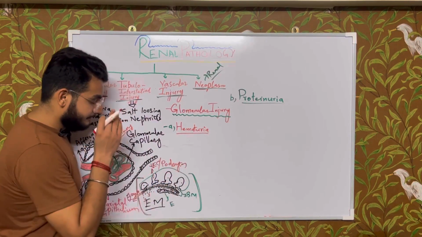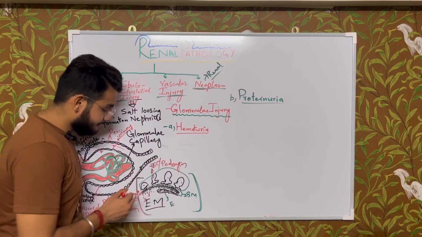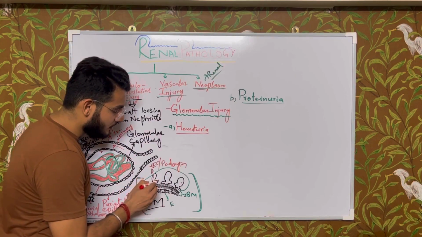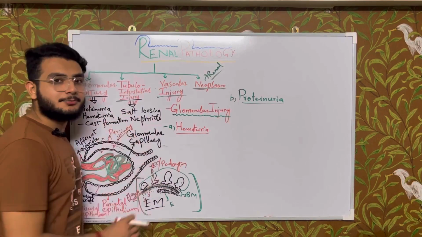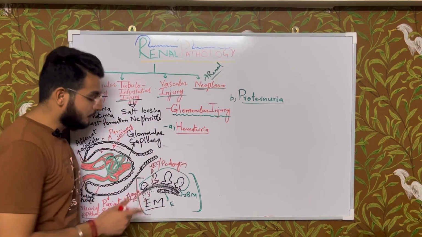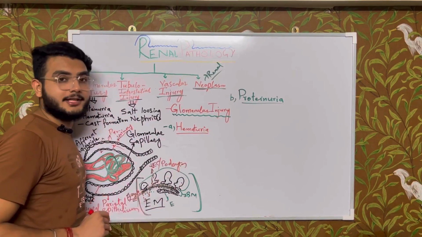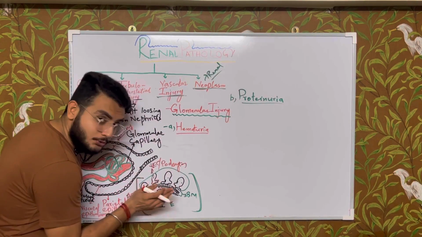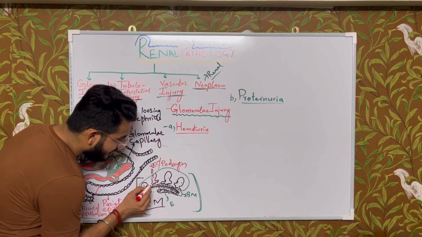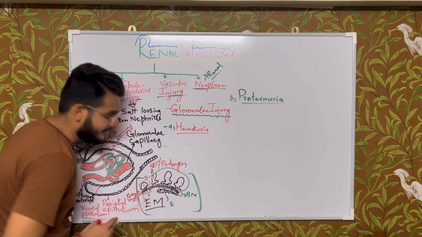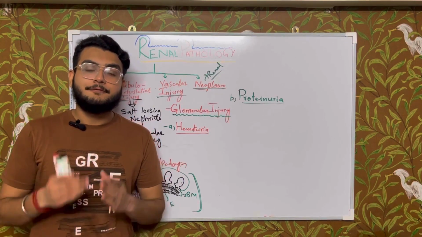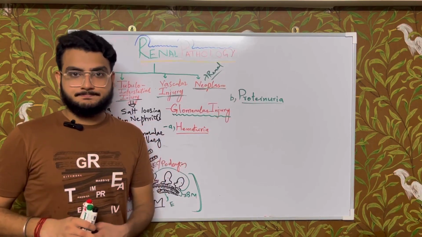These podocytes contain processes known as foot processes, which are attached to the basement membrane. Between these foot processes you can clearly see an empty space. This empty space is known as the filtration slit.